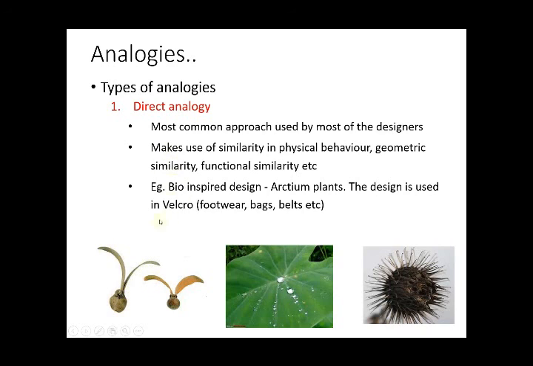When it falls from the tree, it will rotate, undergoing a very harmonic rotational motion, and it will fall on the ground very gently. In order to prevent damage to the seed from falling down, and also to move this seed to a particular distance from the parent plant, nature has provided such a design to that seed, so that it will fly, rotate, move away and land on the ground.